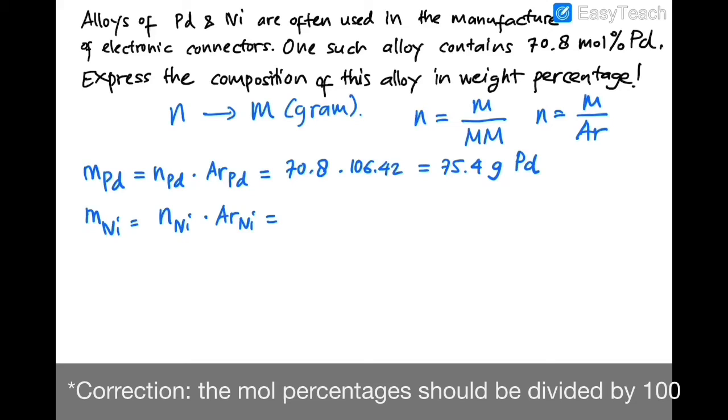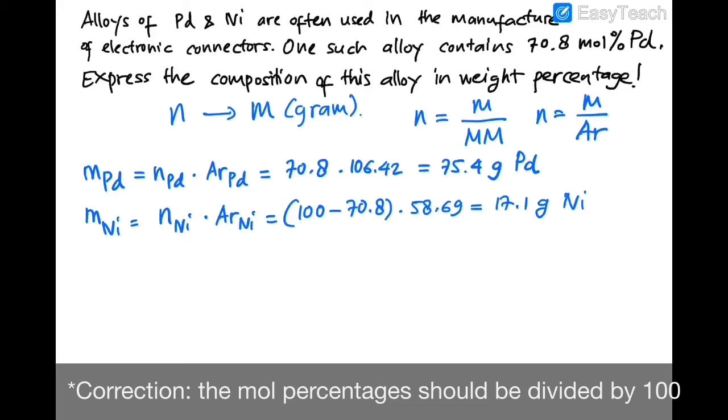The mole of nickel, if we assume 100 mole, of course is going to be 100 minus 70.8. And then times the Ar, which you can check again in the periodic table, that is equal to 58.69, and then you will get the value of 17.1 gram of nickel.